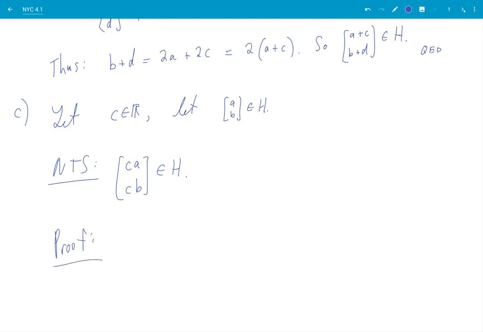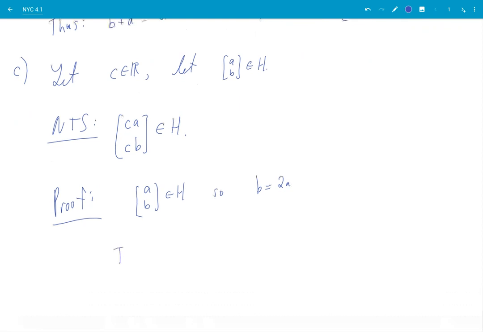Proof. I'll do what I did before. (a, b) is in H, so the second component is twice the first. Thus, cb is equal to c times 2a.